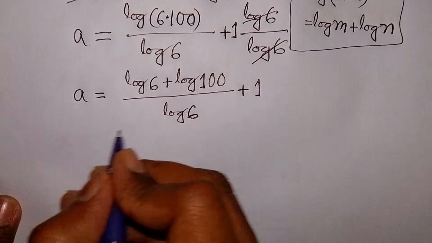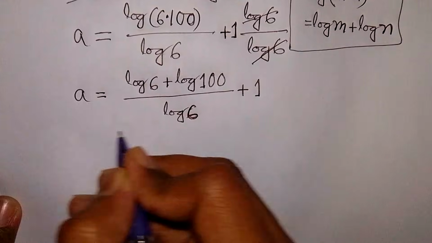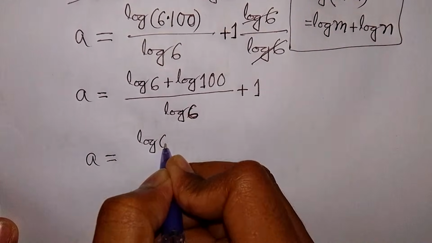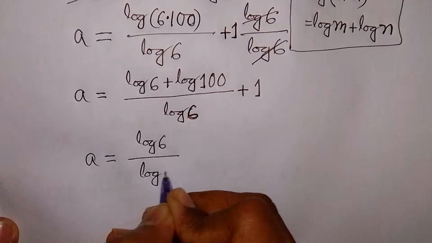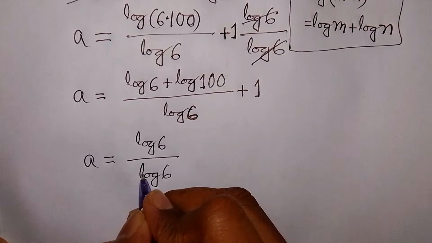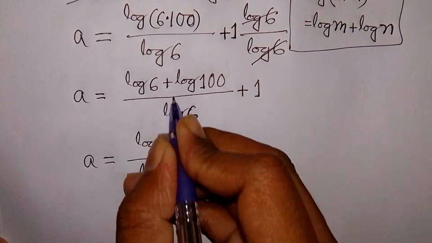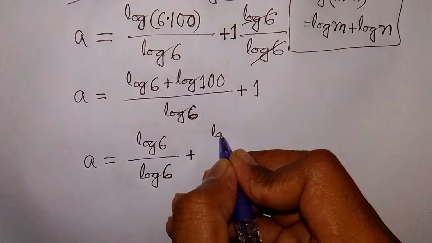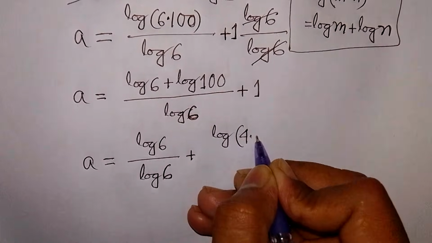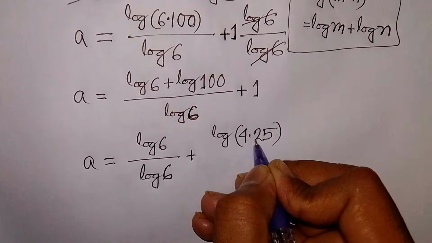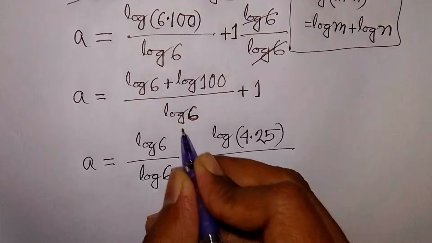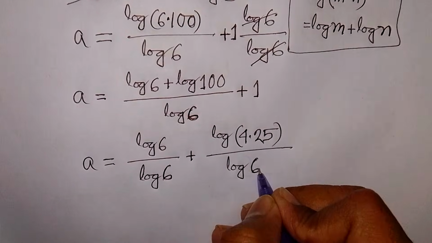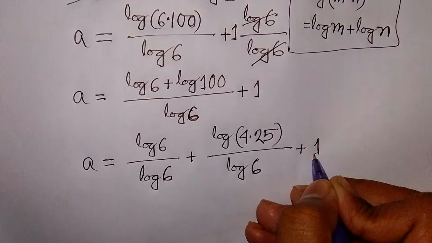Next step, a is equal to log 6 over log 6 plus log 100, which is same as log of 4 times 25, over log 6, plus 1.